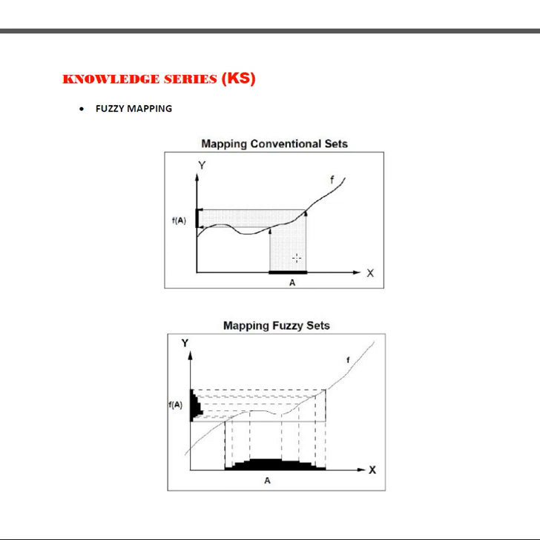So that is, a given delta x of x, equal to A, gives a delta of y that is equal to f of A.